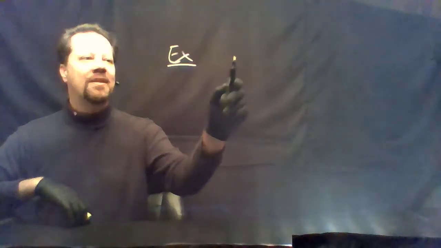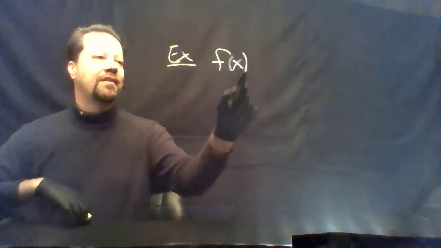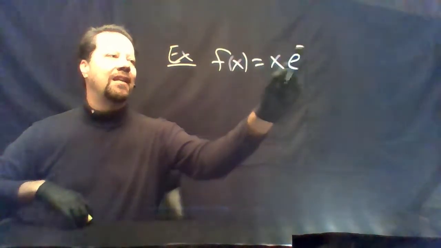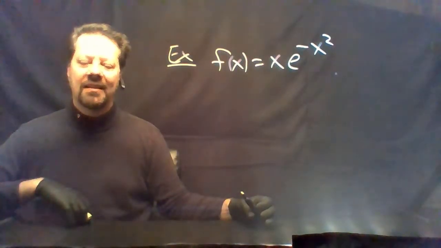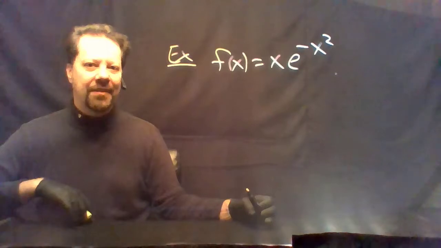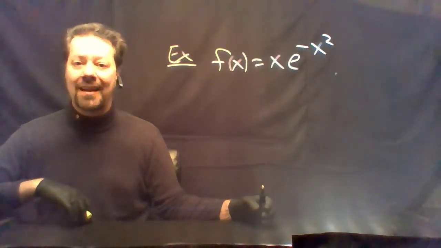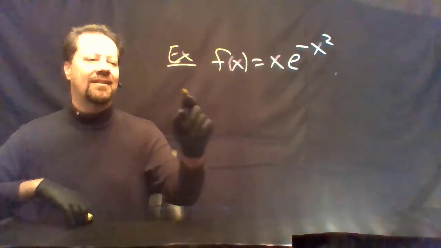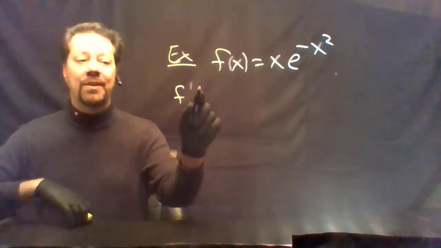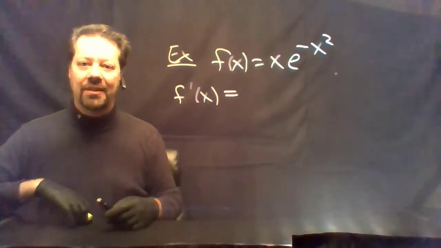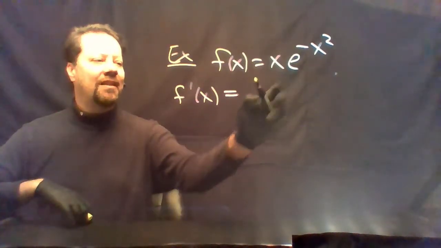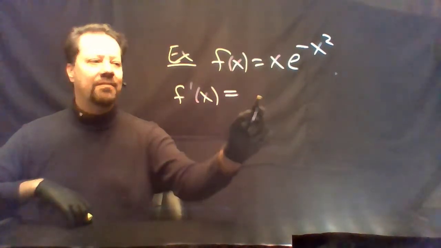So, for example, let's suppose our function is x e to the negative x squared. Let's classify the critical points of this function using the second derivative test. So first of all, we need to find what those critical points are. Step 1, find the critical points. We'll calculate the derivative using the product rule.